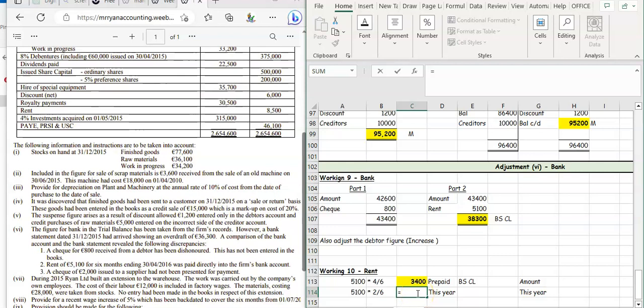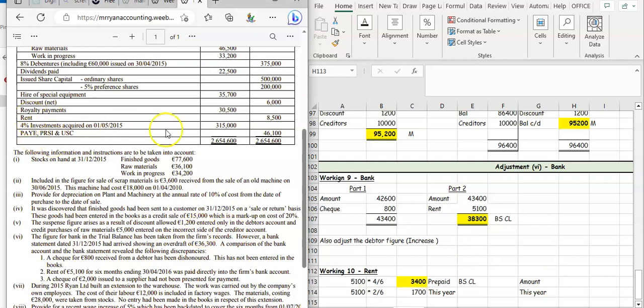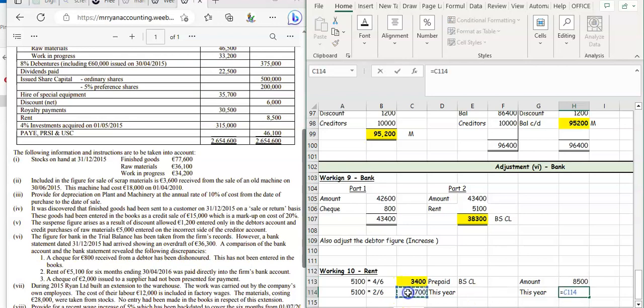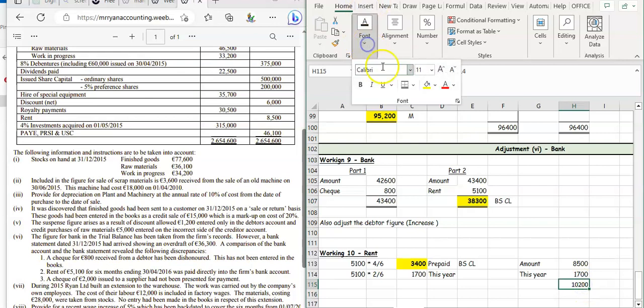And then the remainder of the 5,100, multiply that by 2, divide that by 6, gives us 1,700. So that's how much we need to add on to our rent to find the expense. So our rent in our trial balance is 8,500. We need to add on the expense for this year, which is 1,700. So that means that our rent figure that goes into the profit and loss is 10,200.